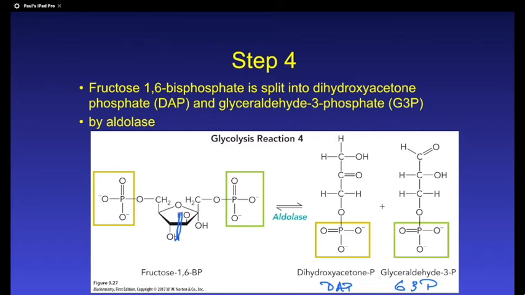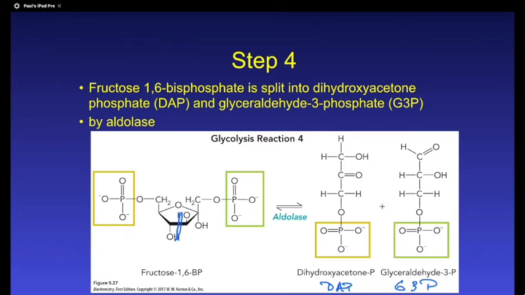Now, this reaction is done in a little bit different way. We always have a proton and we always have a base, but sometimes the enzyme actually covalently reacts with the intermediate as part of the reaction. It's a way to reduce the energy of a transition state. This is one of those enzymes that actually makes a covalent link and becomes part of the reaction.